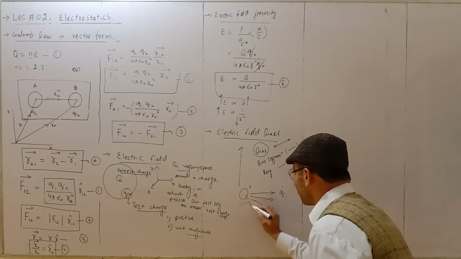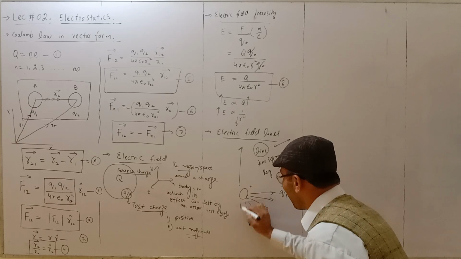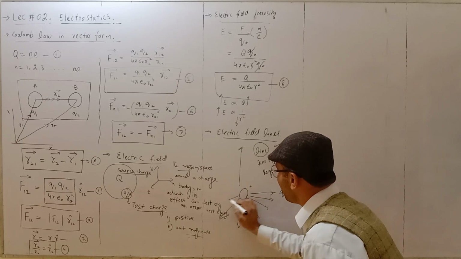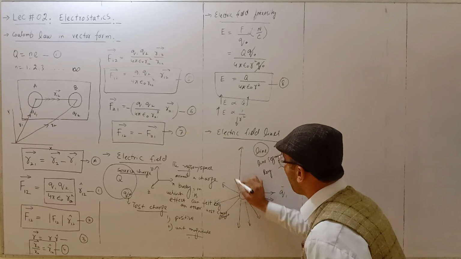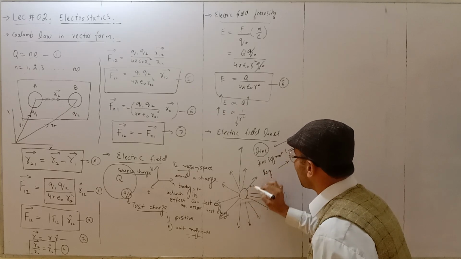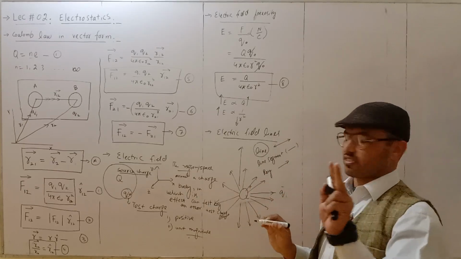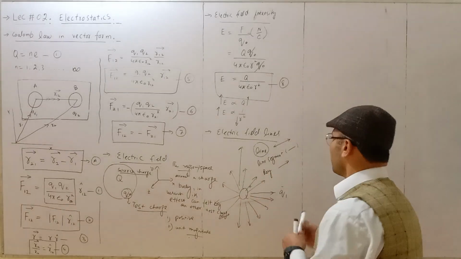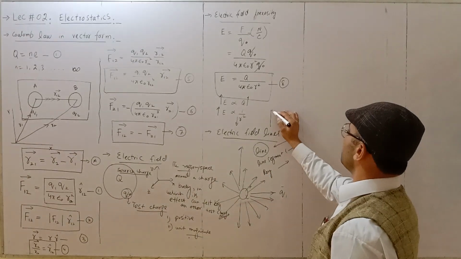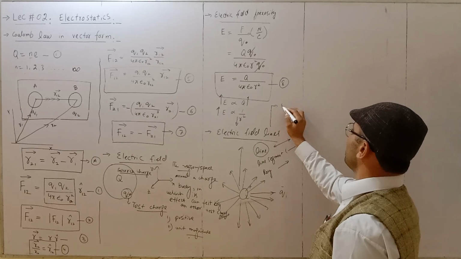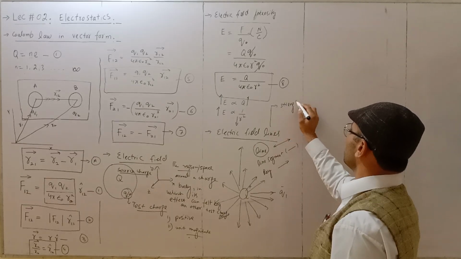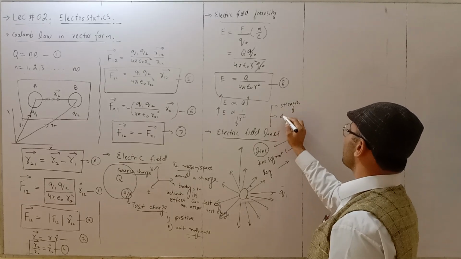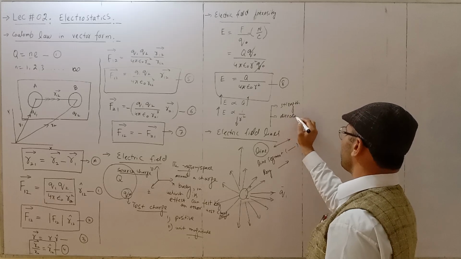So these straight lines around any source charge give me two pieces of information: strength and direction.